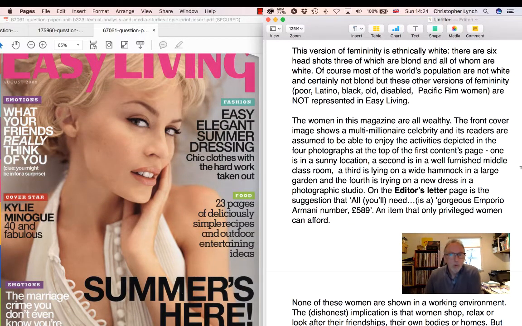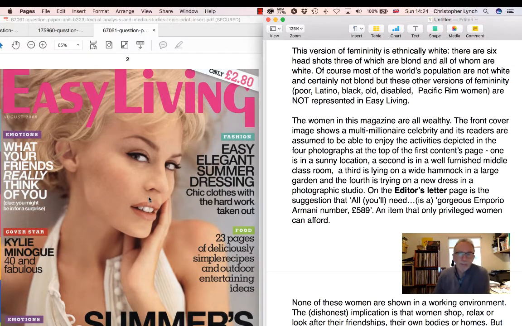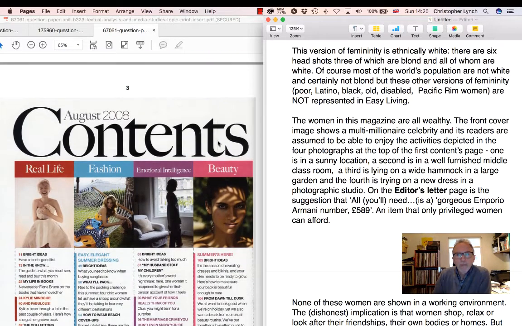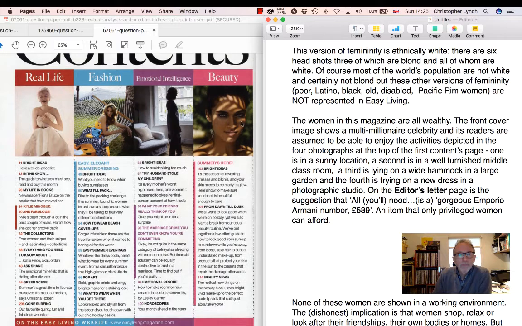The women in this magazine are all wealthy. The front cover image shows a multi-millionaire celebrity, and its readers are assumed to be able to enjoy the activities depicted in the 4 photographs at the top of the first contents page. One is a sunny location. A second is a well-furnished sitting room. A third is a woman lying on a wide hammock in a large garden.